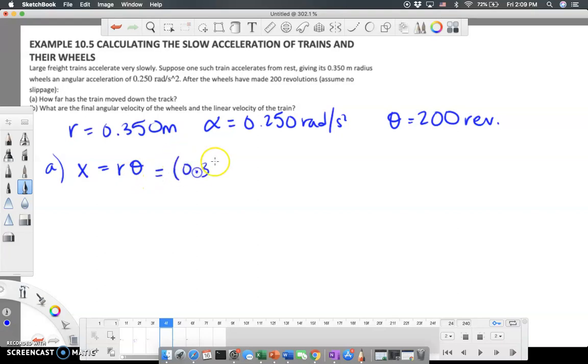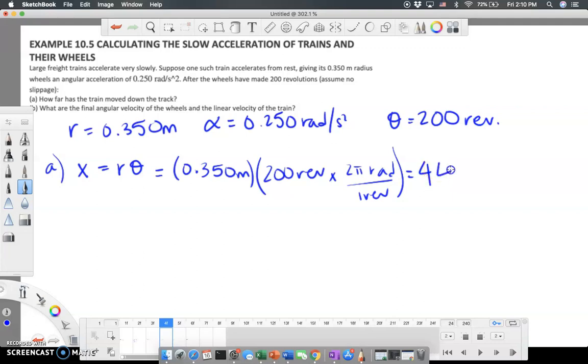So we have 0.35 meters times 200 revolutions, but there is 2 pi radians per revolution. So then calculate that, 0.35 times 200 times 2 pi. This means that the train has moved about 440 meters down the track.